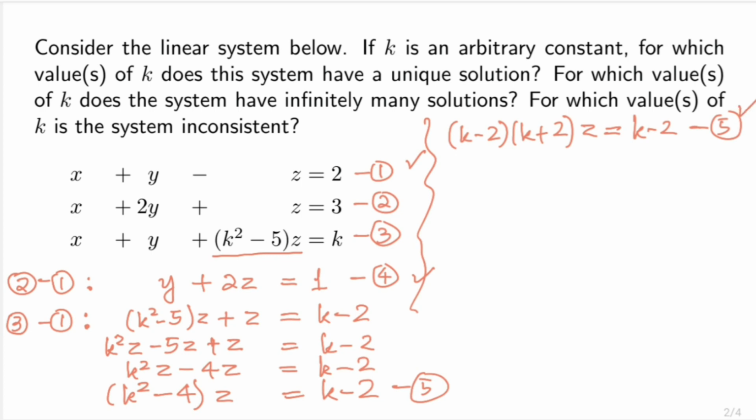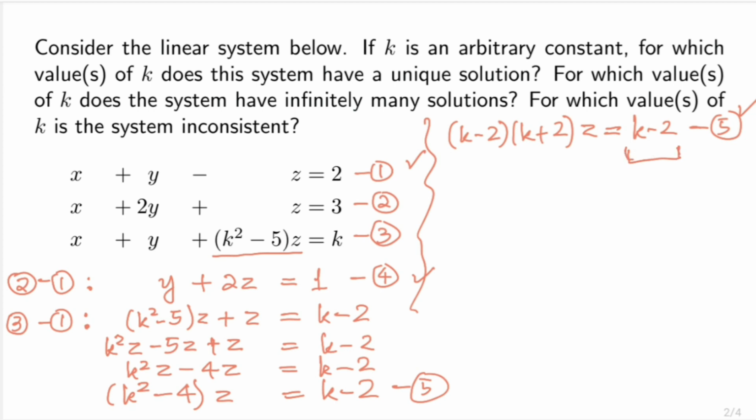So what can we conclude from these equations? One thing, because we are told that k is an arbitrary constant, it's free to take any values, we can try to see when it is going to make this side of the equation 0.